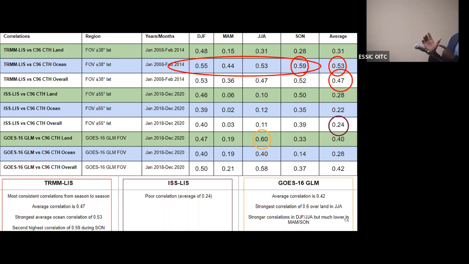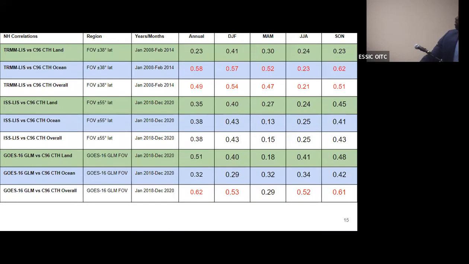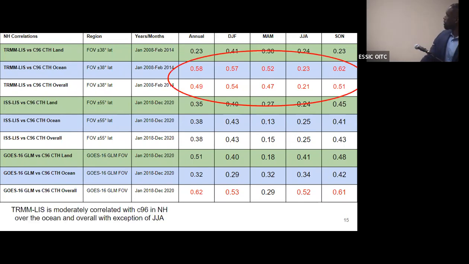But we said, well, let's look at the grids per hemisphere. We looked at the Northern Hemisphere here, and the TRMM-LIS does a little bit better over the grids in the Northern Hemisphere.